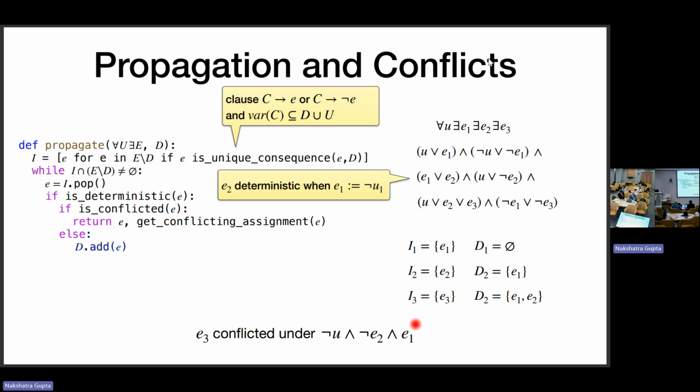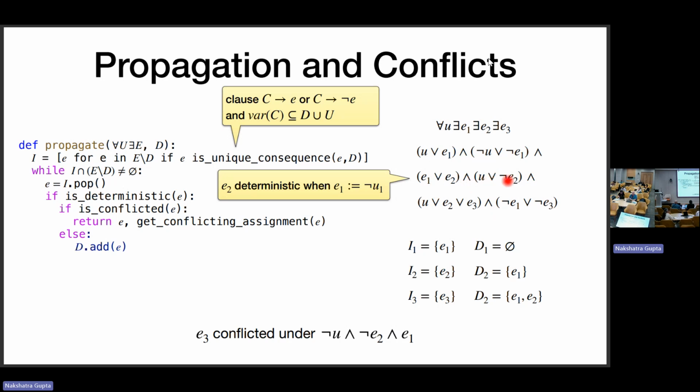So here, E1 we already said is equivalent to not U, so that's fine. And then if E1, no, sorry, what? Yes, well, if U is false, then E2 has to be false, right?